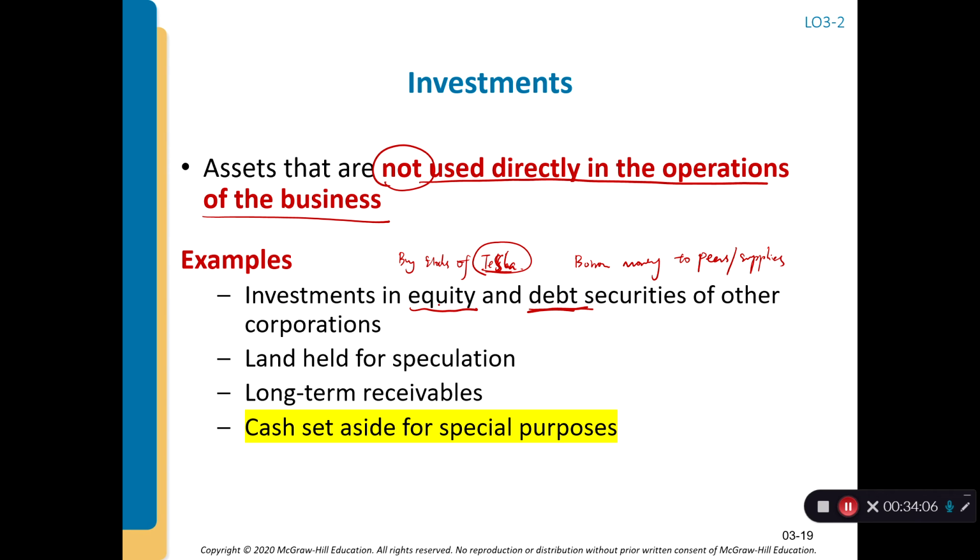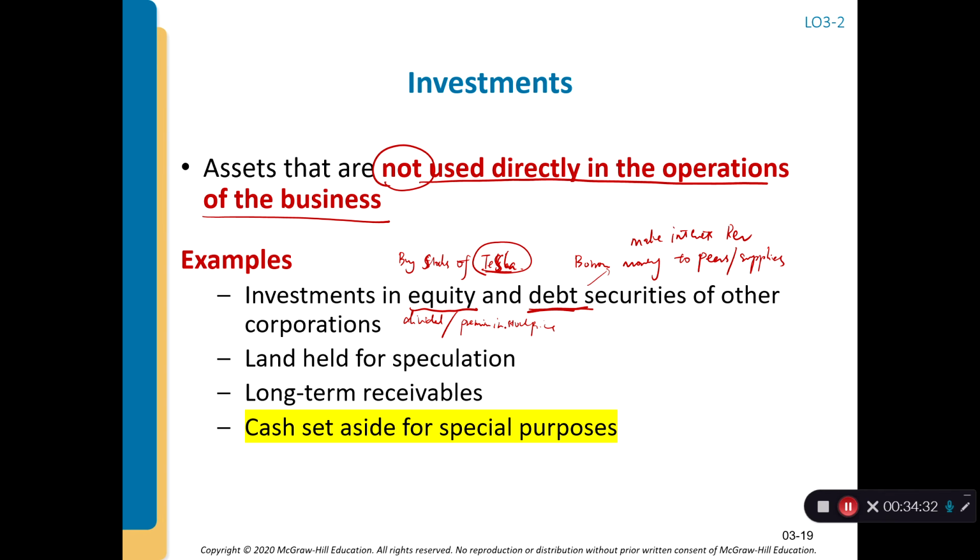Why is that? When you buy stocks of Tesla, you are looking for dividends, or a premium in the stock price, right? And then you can cash out. But when you lend money to your peers or your suppliers, you make interest revenue, right?